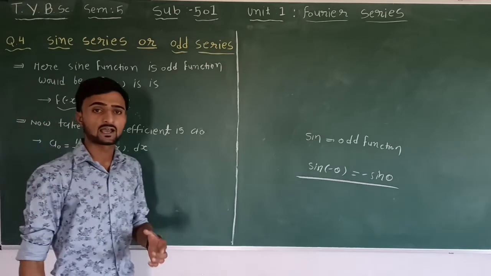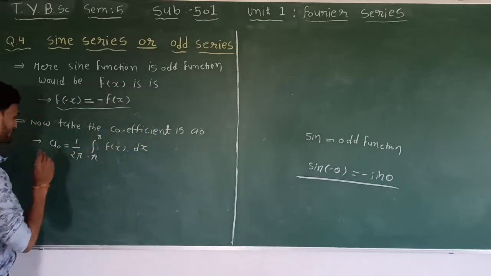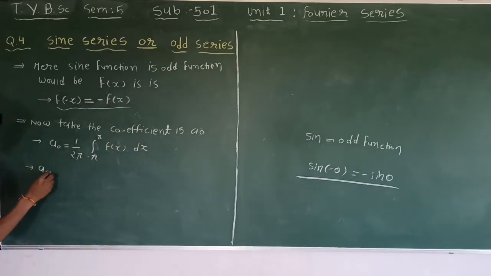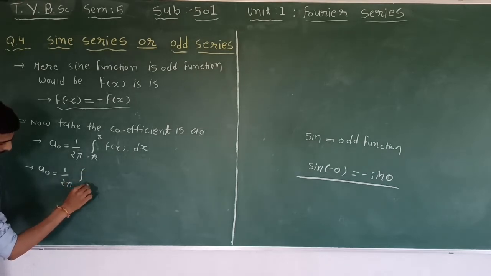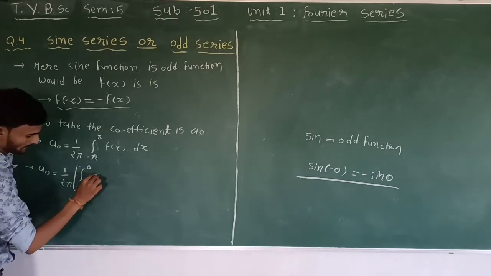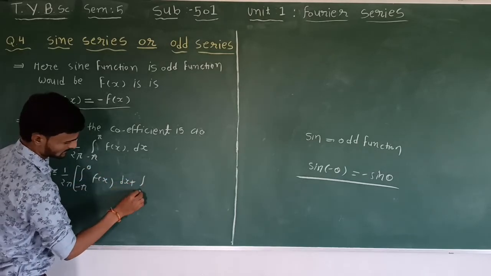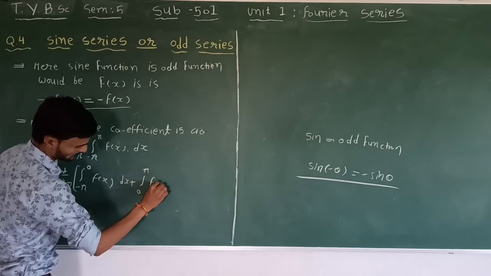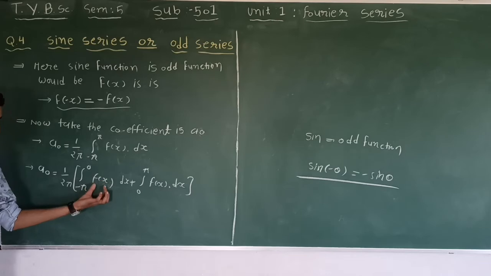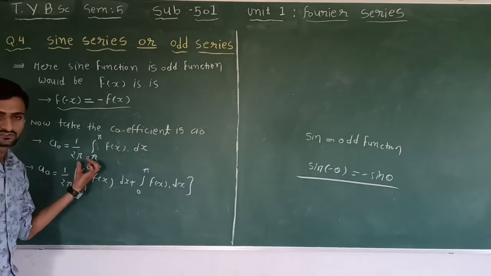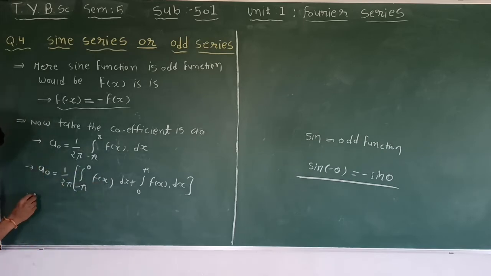Now minus pi to pi is split into two parts: minus pi to 0 and 0 to pi. So A0 is equal to 1 upon 2 pi, integral from minus pi to 0 of f of x dx plus integral from 0 to pi of f of x dx. For minus pi to 0, the integral is negative.